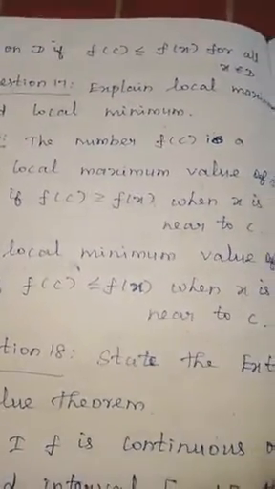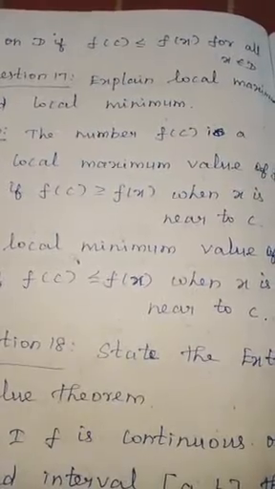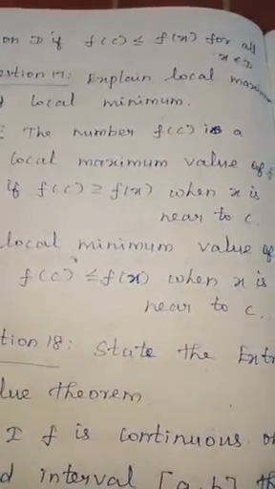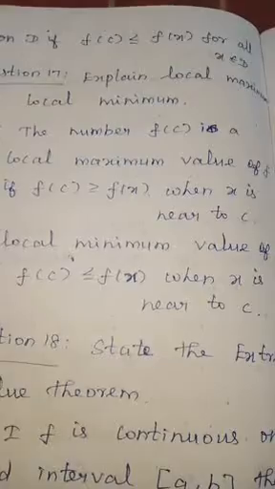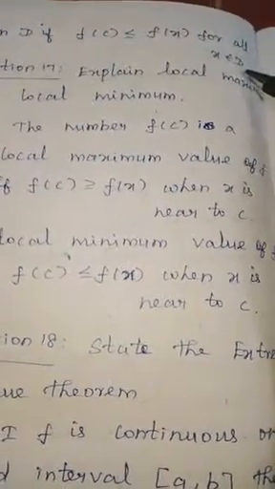For absolute maximum, f(c) is greater than or equal to f(x) for all x belonging to the domain D. Absolute minimum, f(c) is less than or equal to f(x) for all x belonging to the domain D.